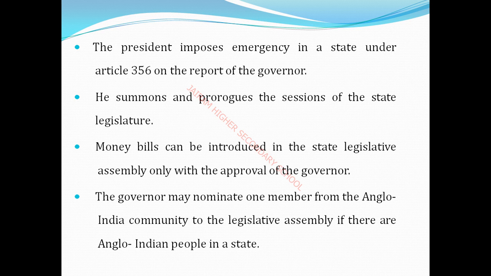Children, see at last, the governor may nominate one member from the Anglo-Indian community to the legislative assembly if there are Anglo-Indian people in a state. See here, the sentence is talking about Anglo-Indians. Who are Anglo-Indians? Their grandparents belonged to the Europeans.